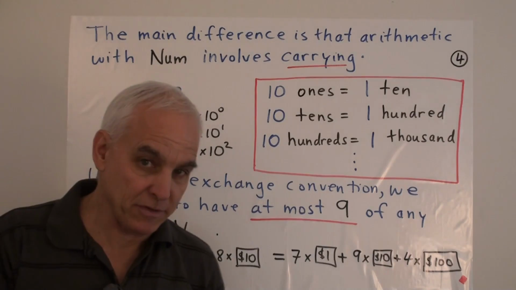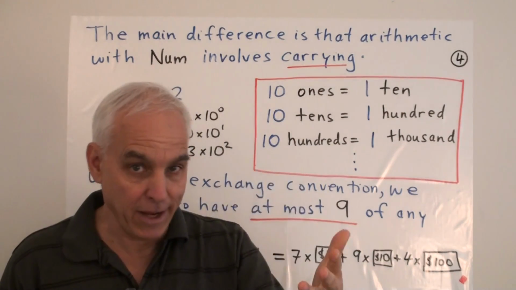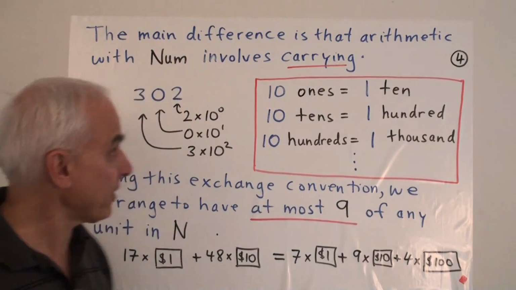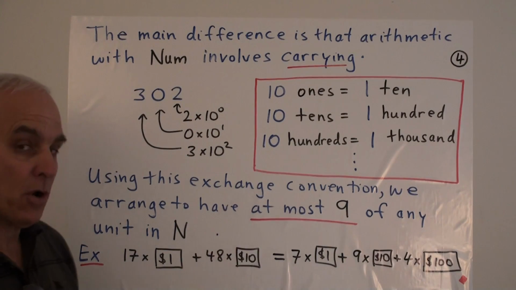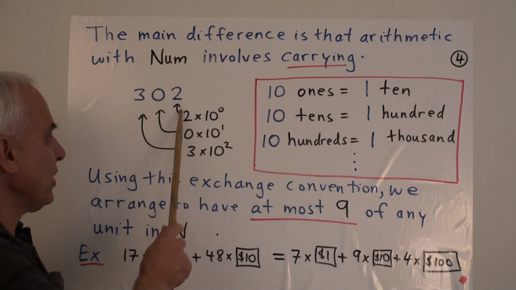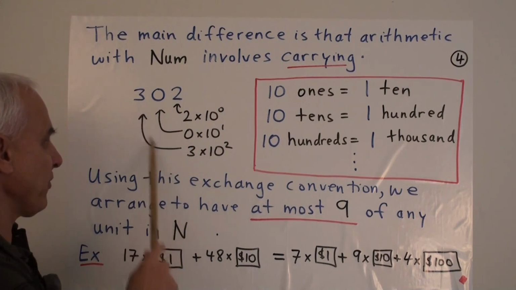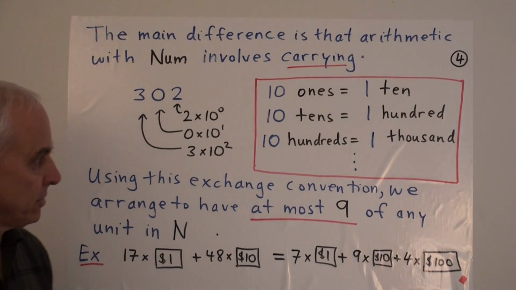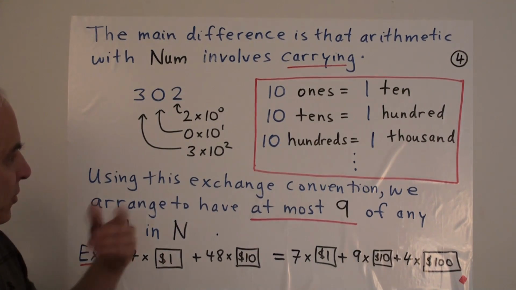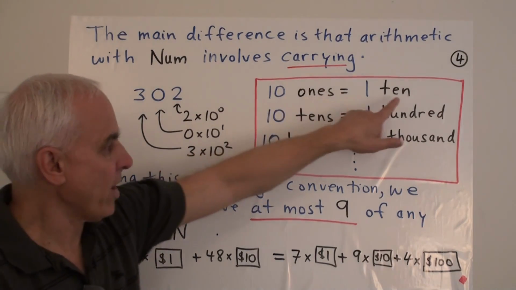Let's remind ourselves about this subtle but important aspect of carrying in our ordinary arithmetic. Of course we know that it's based on having powers of 10. This 2 is 2 times 10 to the 0. Here we have 0 times 10 to the 1, and here we have 3 times 10 squared. And the crucial thing is that 10 ones equals 1 ten.